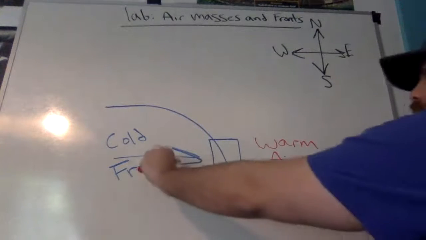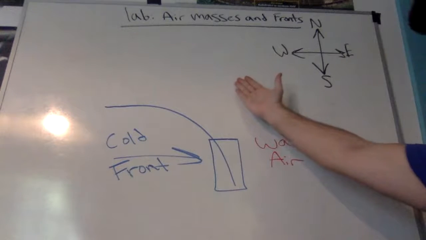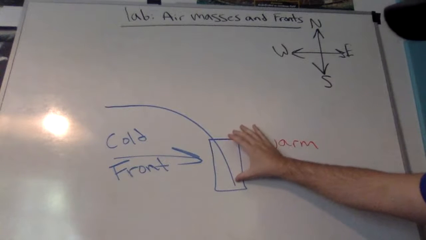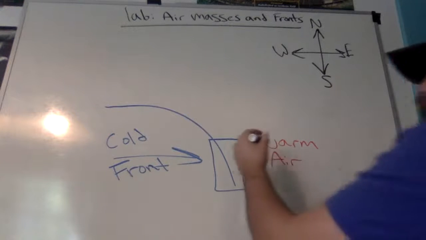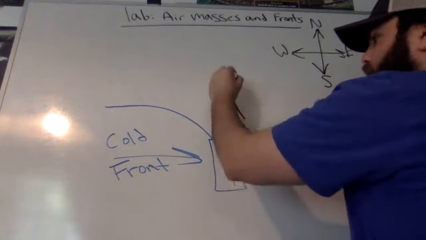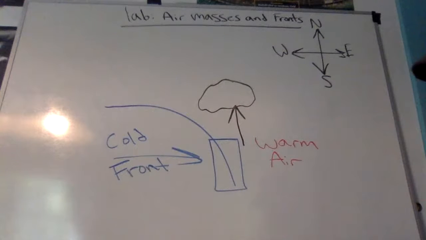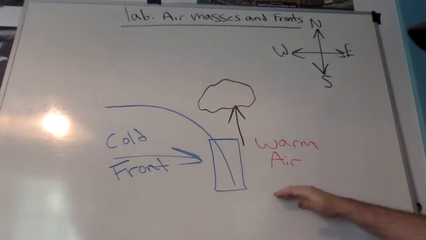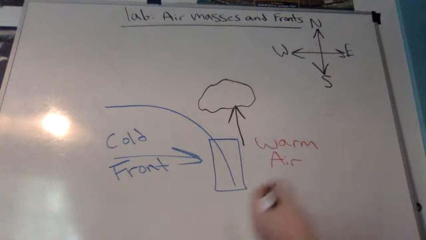So when this cold air comes in, it's going to push up this warm air really quick, right at the front of the cold front. This warm air is going to rise up right at the beginning of the front, and it's going to form those clouds. So that's where the precipitation is going to occur. For a cold front, the precipitation is going to occur right at the front.